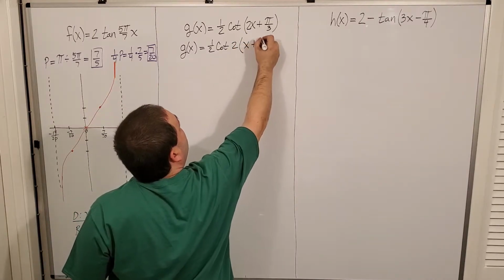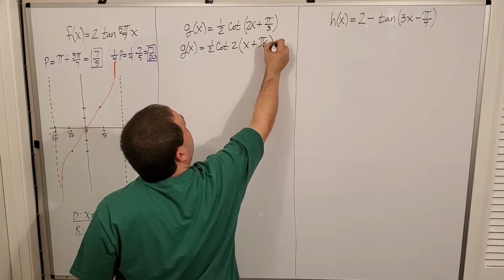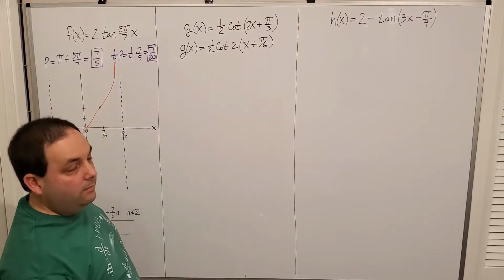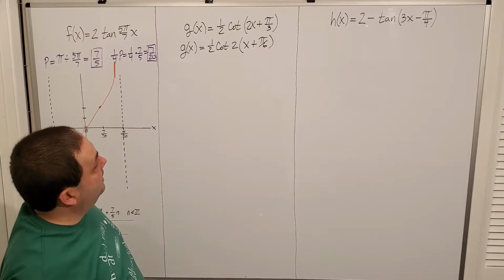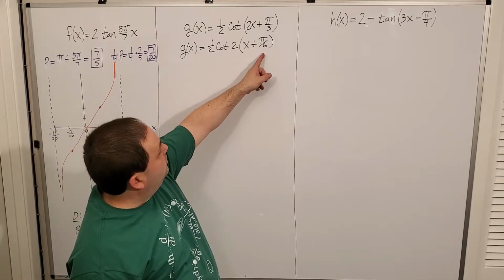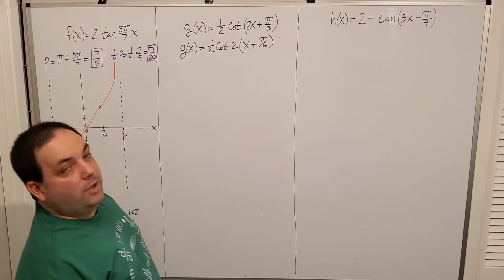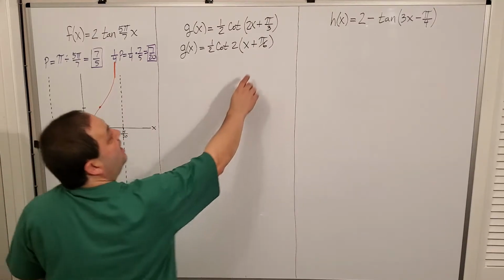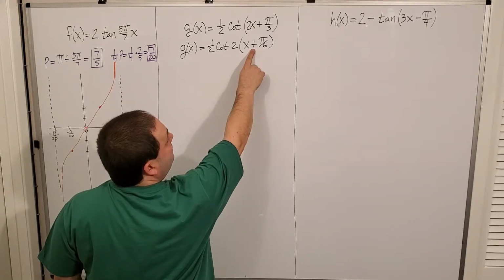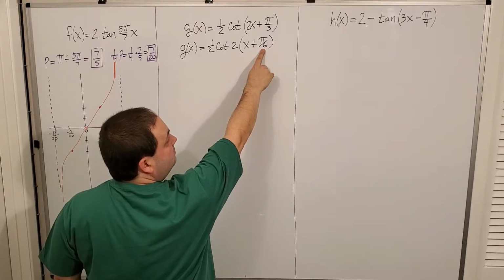That's going to give me x plus pi over 6. Remember, you do the factoring by dividing. Pi over 3 divided by 2 is going to give me pi over 6. If you're not sure, do 2 times pi over 6. You'll notice you'll get pi over 3 back. Okay, so that means that I have a shift to the left of pi over 6.